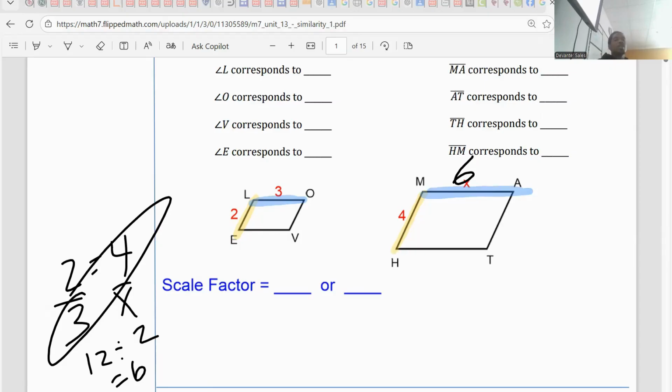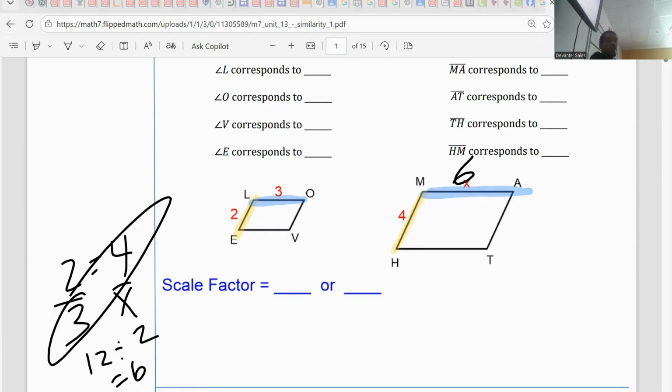Now, can somebody tell me how I would find my scale factor? Once we've got all the numbers we need, all you have to do is divide them.